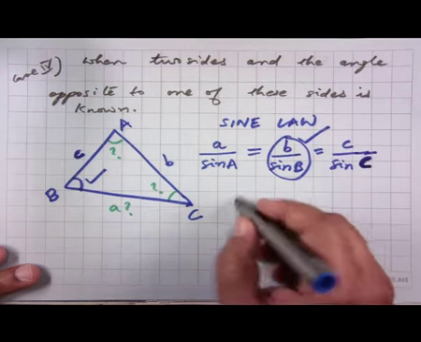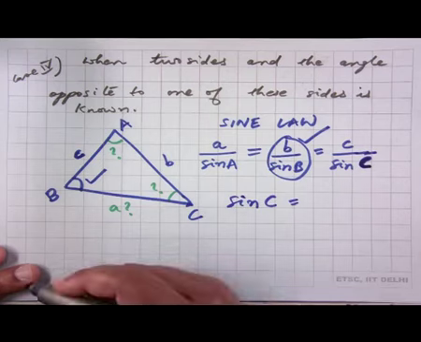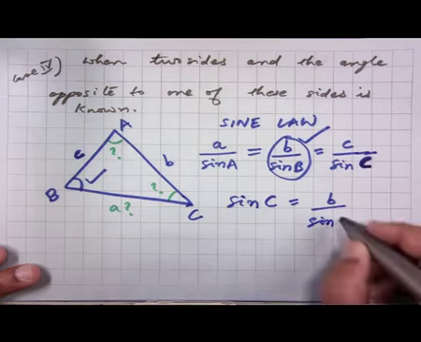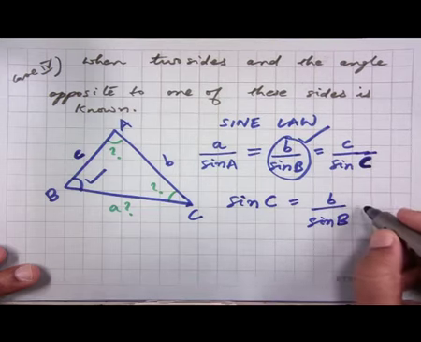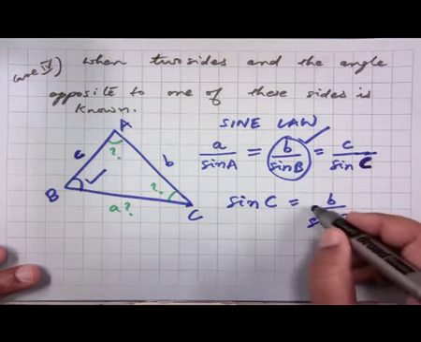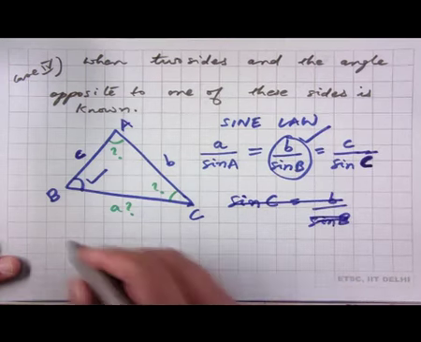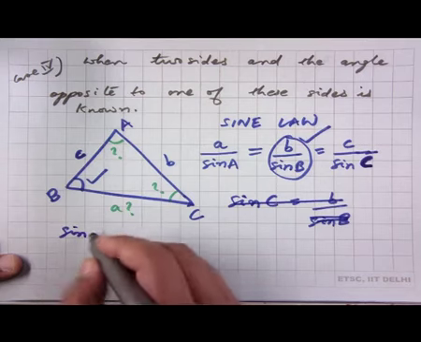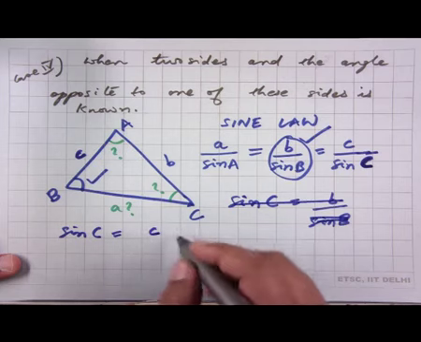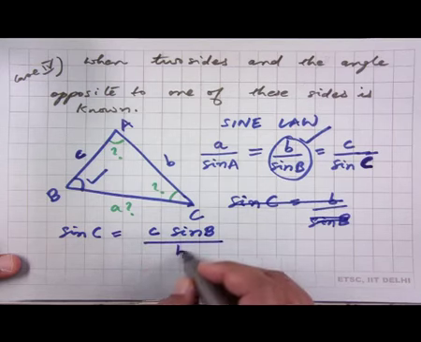From here we can write sine of C equals c times sin B upon b.